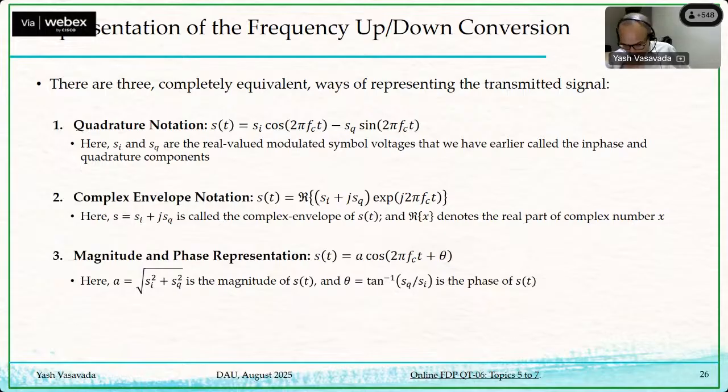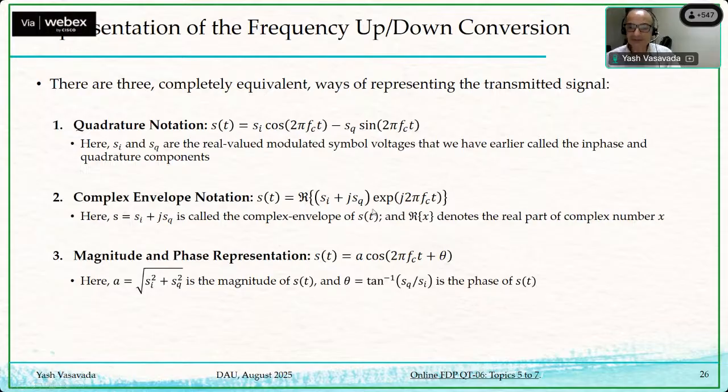Okay. Now, I say that these equations contain both modulation as well as frequency up conversion. So, to explain what I mean by that, let us take this equation number 2. For the time being, let us ignore this operation where I take the real part of a complex number and just consider the complex number in the curly bracket.